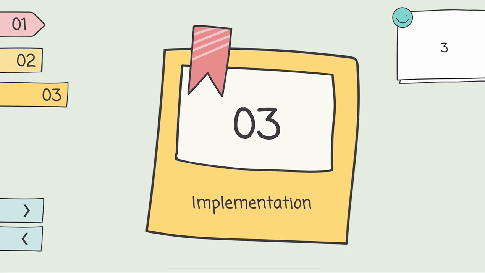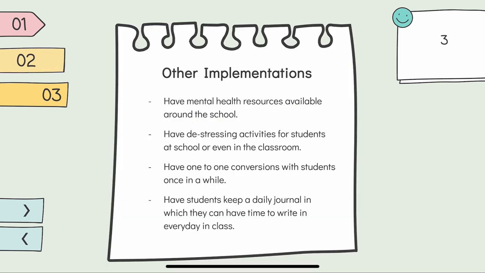So some other implementations that teachers and even school staff can do around the school is to have mental health resources available around the school. So sometimes students don't know what to do or they don't know who to talk to or who they can call. So it's important to have mental health resources because if they can't find ways to manage their stress, it's gonna get out of hand.